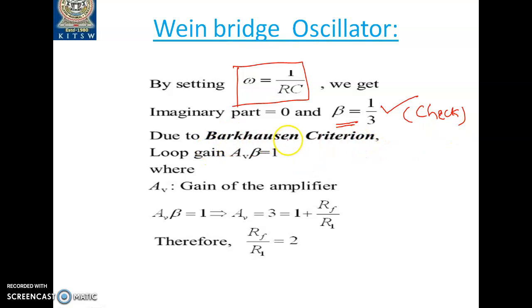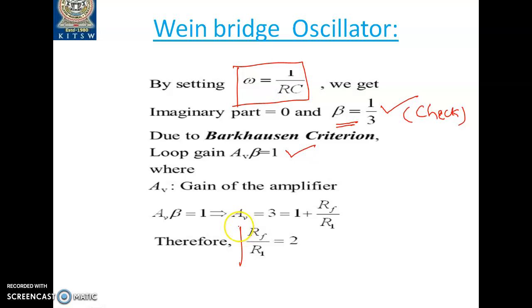Due to the Barkhausen criteria, we know that the loop gain is equal to 1, where A is the gain of the amplifier. This is a non-inverting amplifier, so the gain is 1 plus Rf by R1. As beta equals 1 upon 3, A equals 3, so this can be equated to 1 plus Rf by R1.